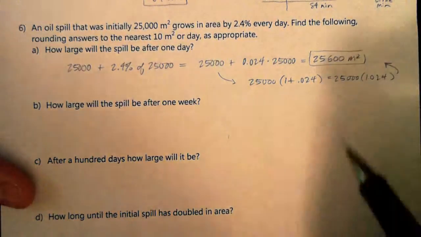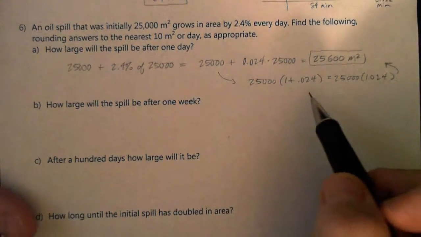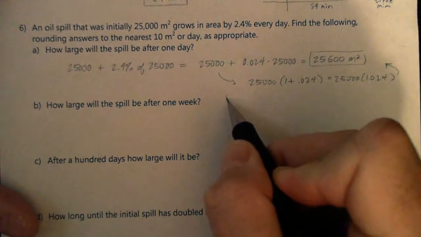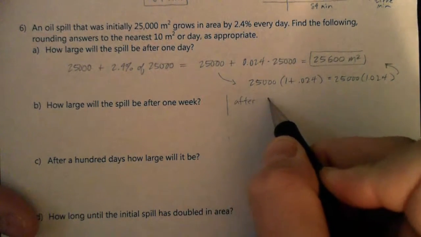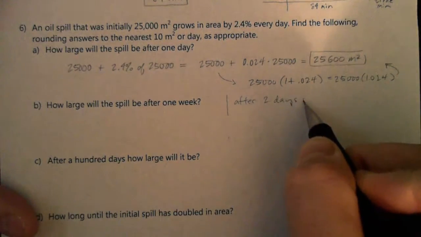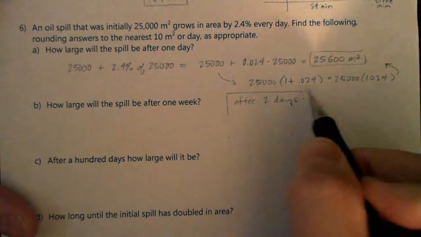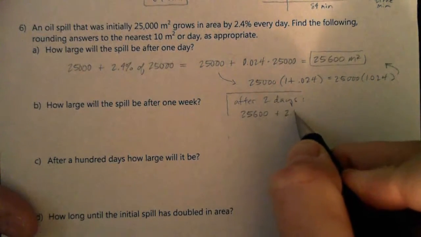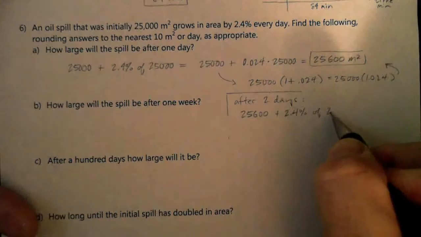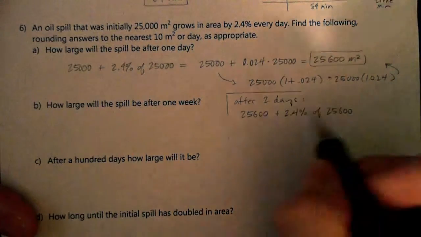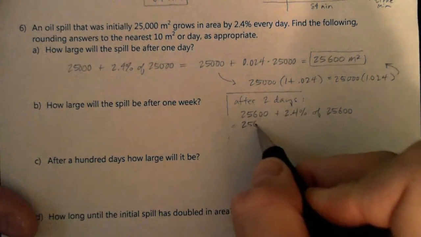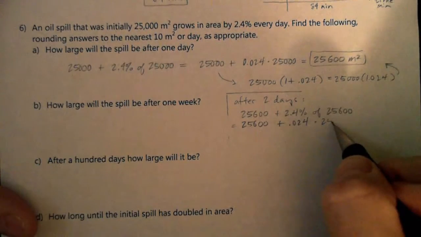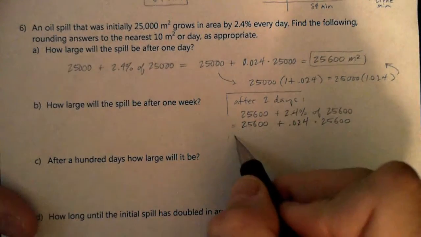Now the reason why I wrote it like this is because if we were to do a second day, we would say, well, let's take the first day. And this is just a thought experiment. After 2 days, we'd say it's 25,600 plus 2.4% of 25,600, which is 25,600 plus 0.024 times 25,600.